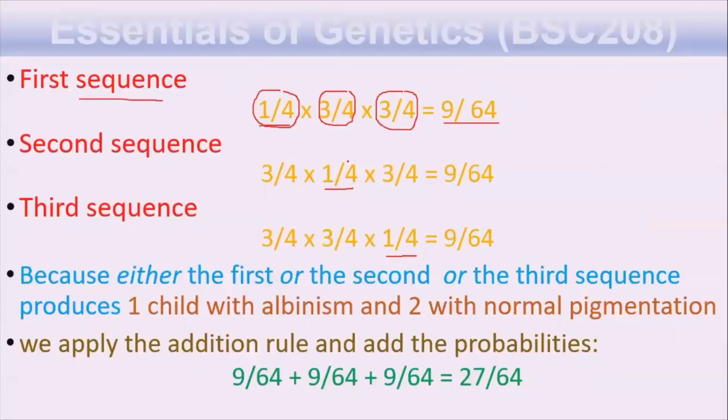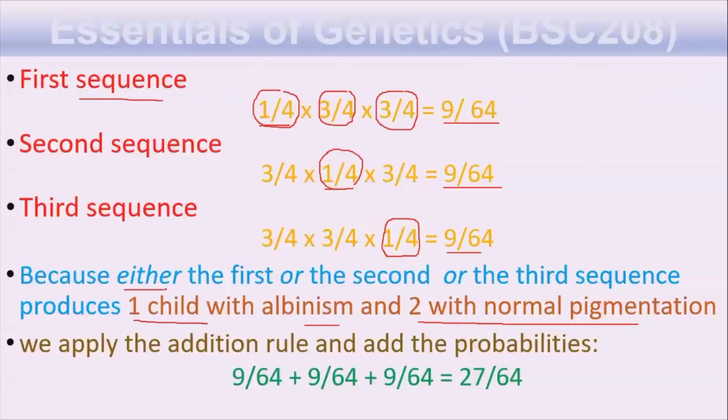Similarly, when the second child is affected, the same probability is obtained, and when the third child is affected, then the probability will be the same. Because either the first or the second or the third sequence produces one child with albinism and two with normal pigmentation.